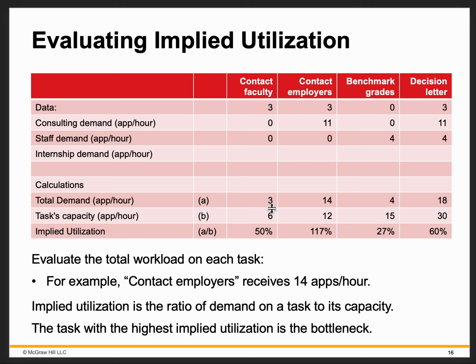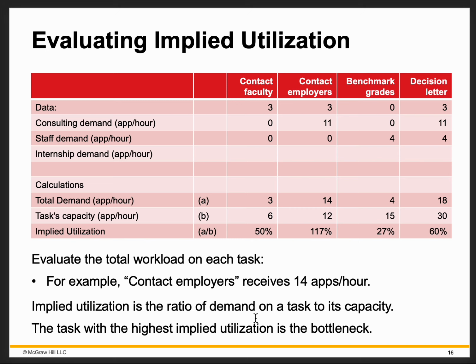So this is the demand per hour, and this is the task's capacity per hour. You'll notice that the contacting faculty utilization is 50%, but contacting employers is 117%. We don't have enough capacity there, based upon the average values that we calculated. Benchmarking grades is 27% and decision letter is 60%.